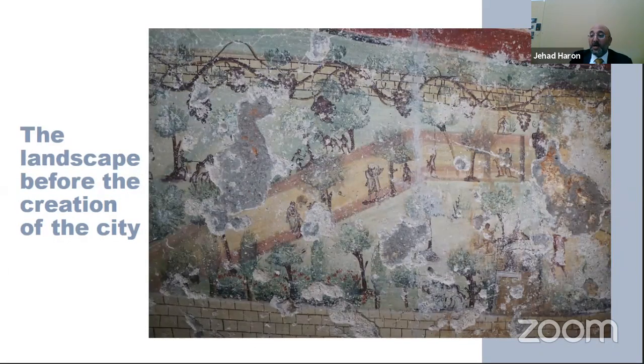You can see it was a small rural town, and you can see the different agricultural elements, like grapes and agricultural land. So it is the landscape before starting to build. And this, I think, is very clever and smart from the master behind this work, because he wants us to know that this was an open landscape, a rural area, before the city was built at that time.